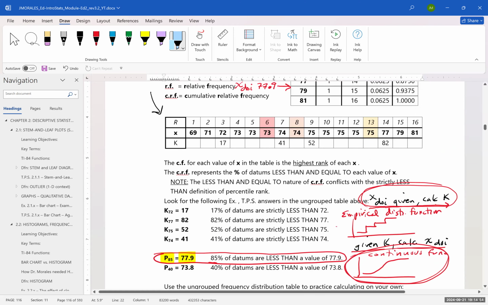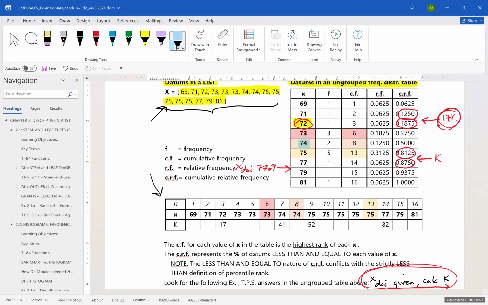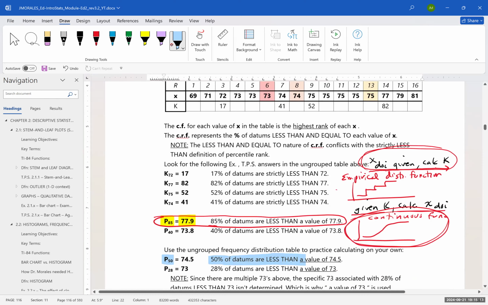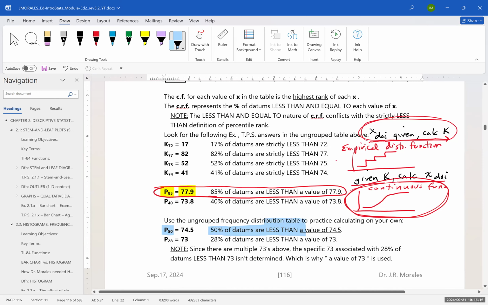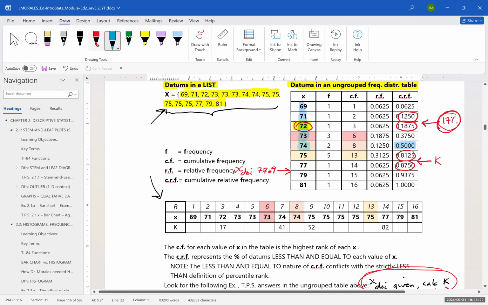So if we come down over here, we can see that 74 is exactly 50%. So 50% of the datums are 74 and lower. But we want to make sure that we're looking for some value where it's strictly greater than this 50%. So we can't have the value 74. Instead, the value that we're going to have is 74.5.